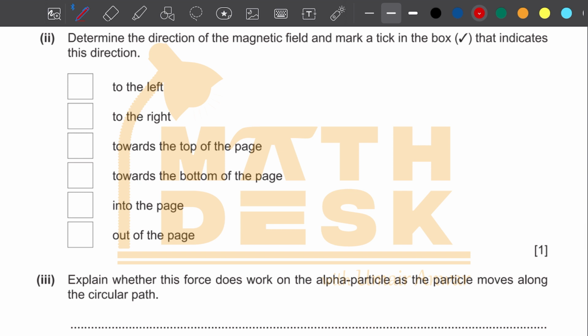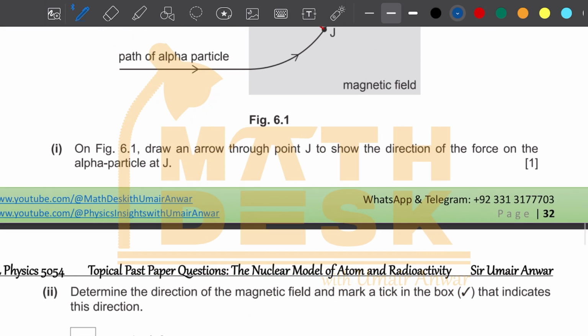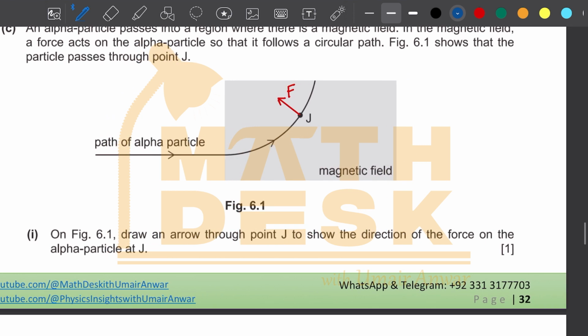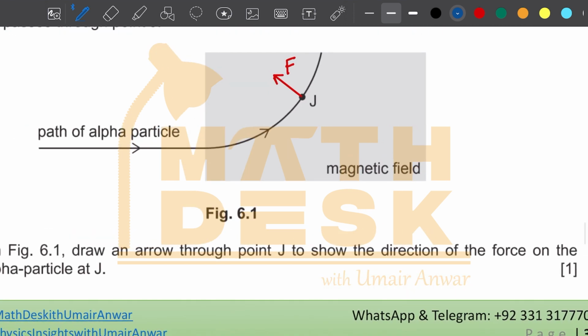indicates this direction. The direction of the magnetic field can be found using Fleming's left-hand rule here. We can see that the movement of the alpha particle is to the right. The force acting on the alpha particle is in the upward direction.